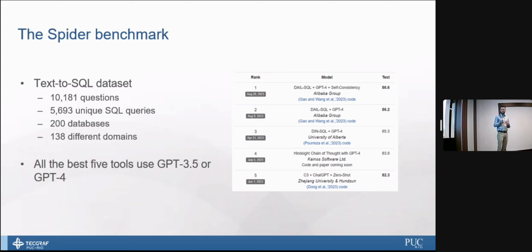And if you look at their leaderboard, basically all of them use some kind of variation of the approaches that I just showed. Some more complex variations, of course, but all of them use GPT-4 except for this last one, the C3, which uses GPT 3.5.